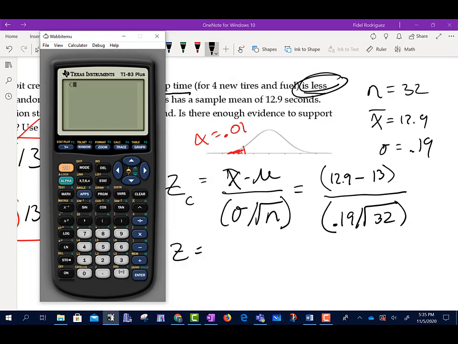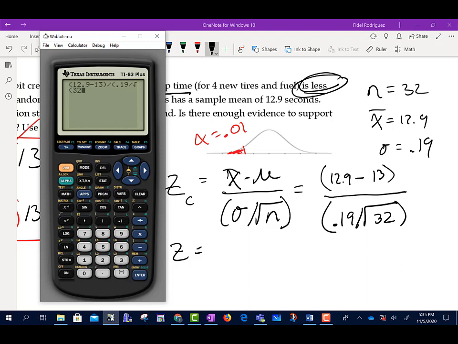Okay, we're going to go 12.9 minus 13, divided by 0.19, divided by the square root of 32.